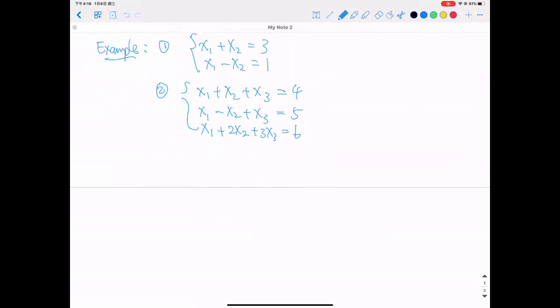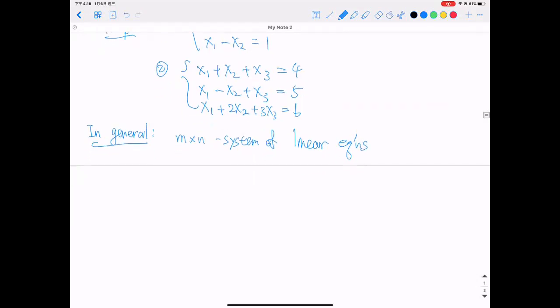So now, in general, we consider things like an m by n system of linear equations. This just means the following.